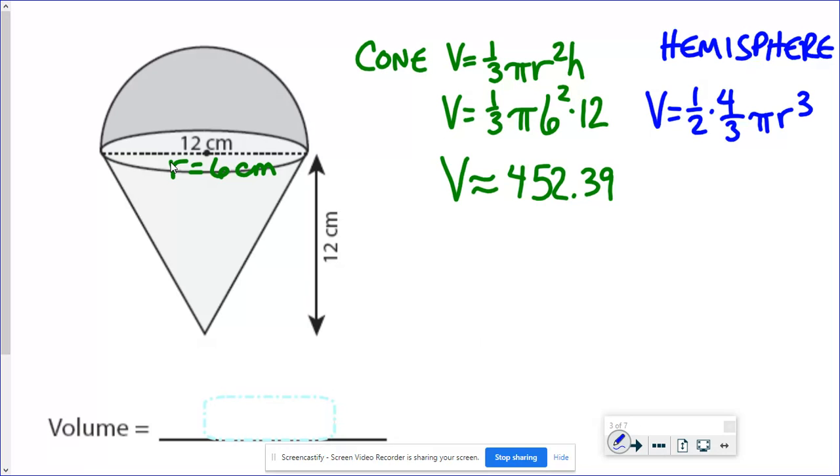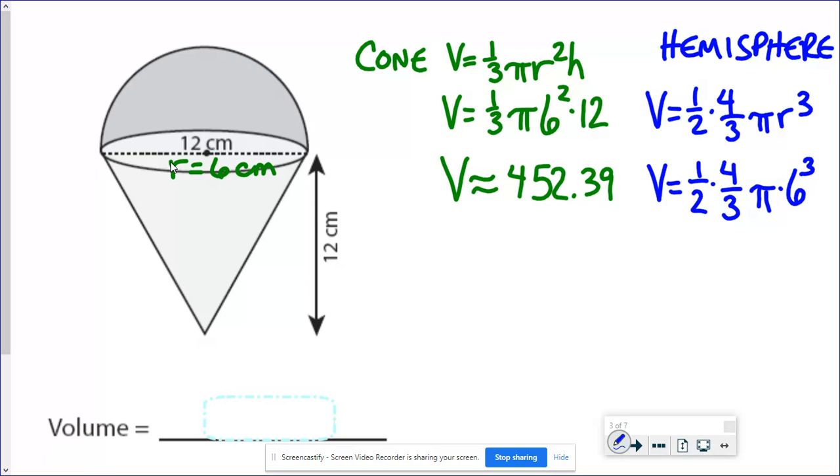So again, in this case, you can certainly multiply those 2 fractions together, or you can just leave them the way that they are. I'm going to substitute in that my radius was 6 on this. And 6 cubed we've used a couple of times now. 6 to the 3rd power is 216.